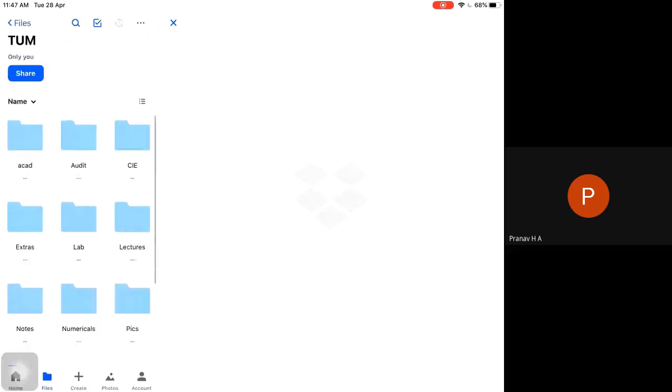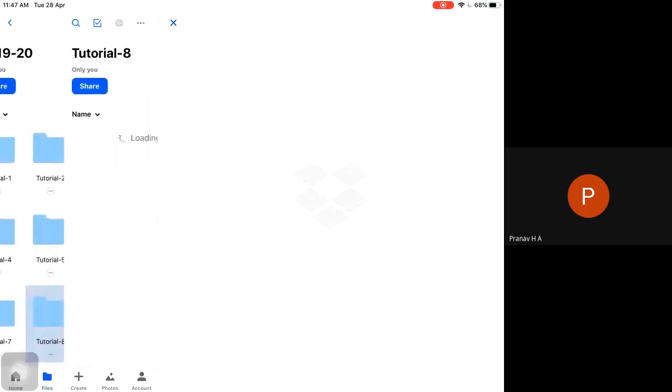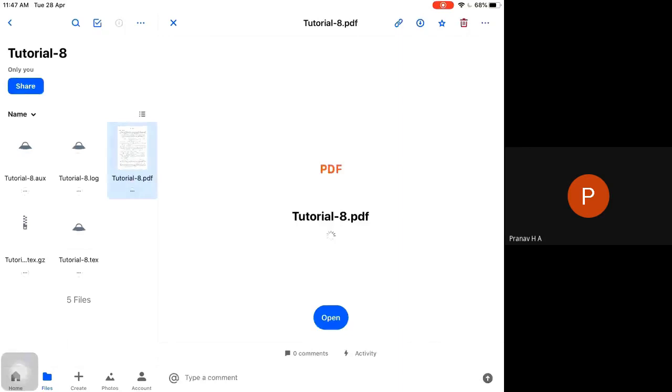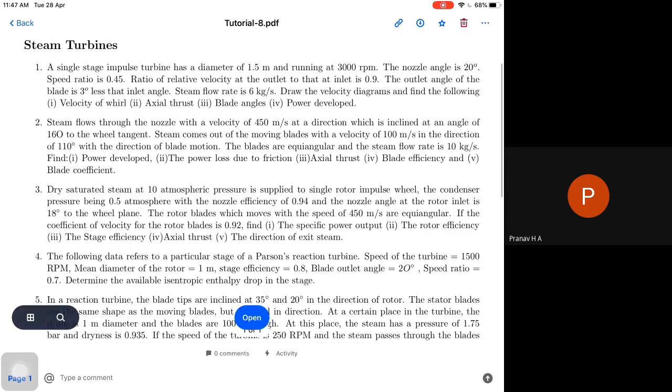So if there are no questions, we'll take up one numerical. Fine, we'll take one numerical, a single stage impulse turbine numerical. I'll take it and have the corresponding tutorial also. Look at this steam turbines tutorial, a single stage steam turbine.